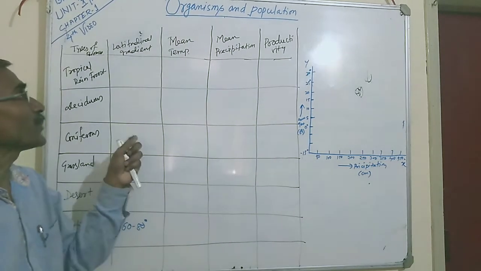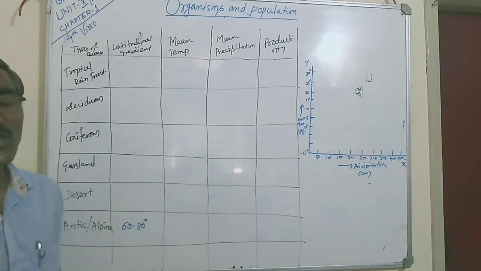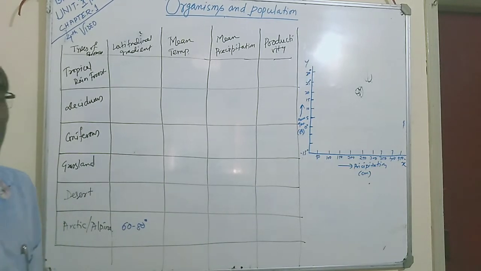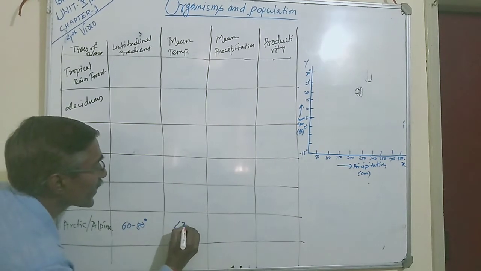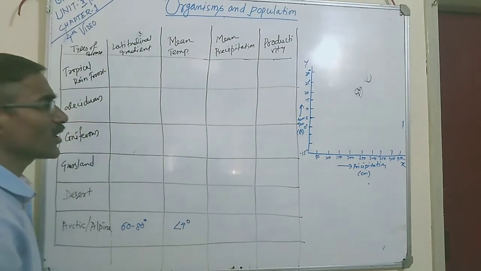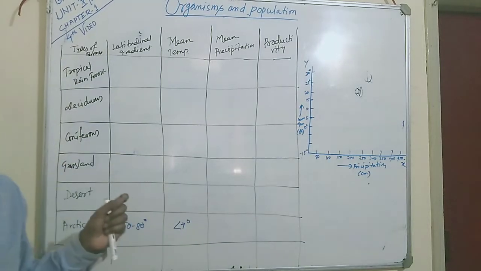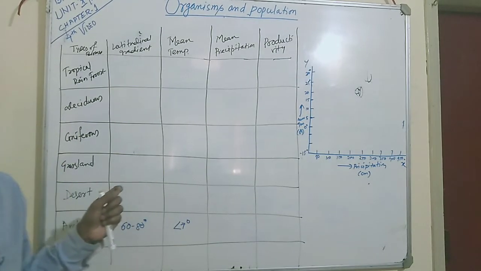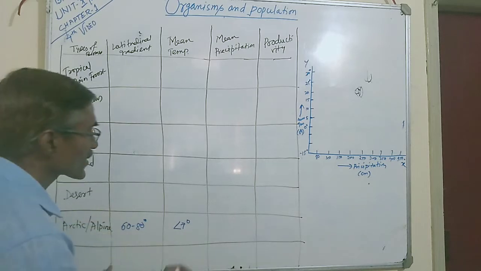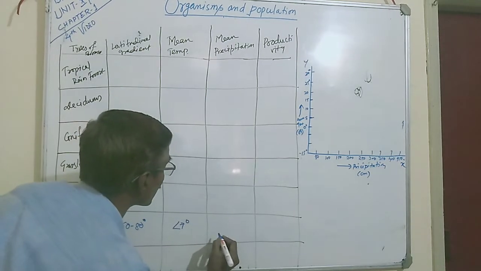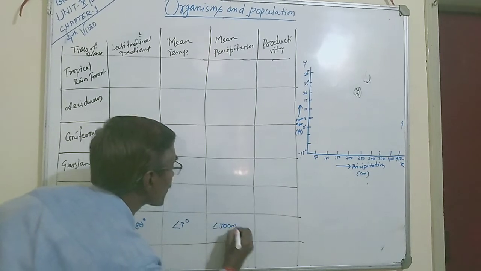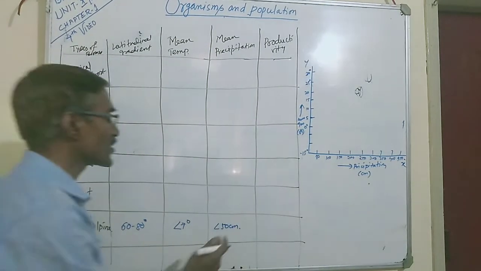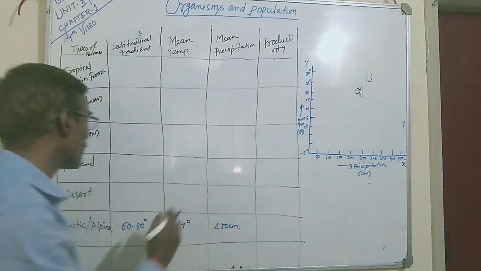The mean temperature and mean precipitation in the case of Arctic and alpine is less than 7 degree centigrade, whereas rainfall is very minimum. Whenever we talk about the rainfall, it is less than 50 centimeter, and sometimes even lower, at a very minimum level.